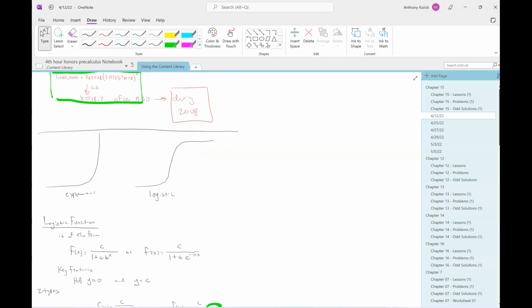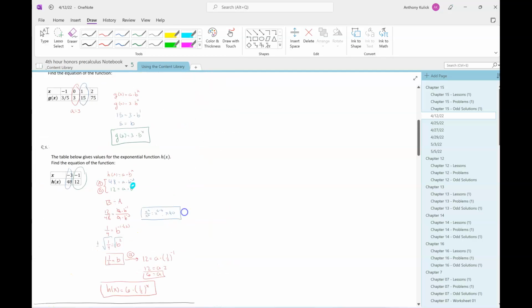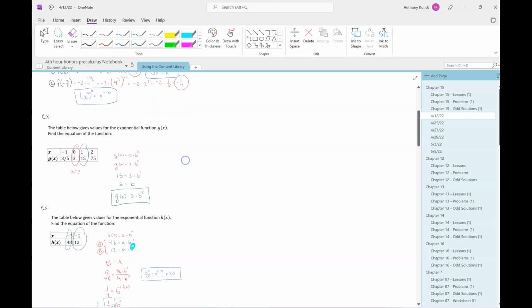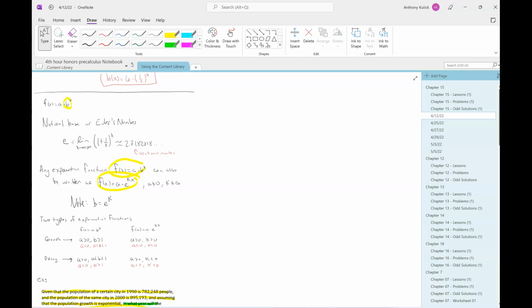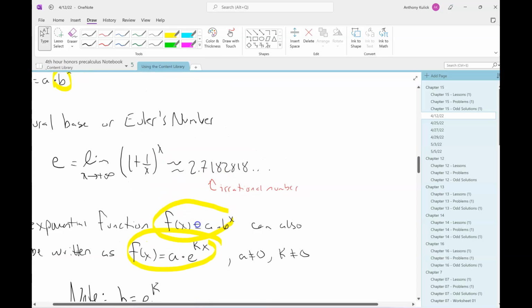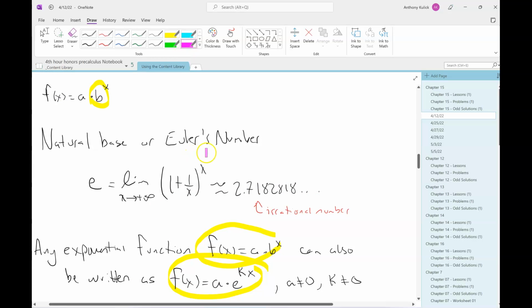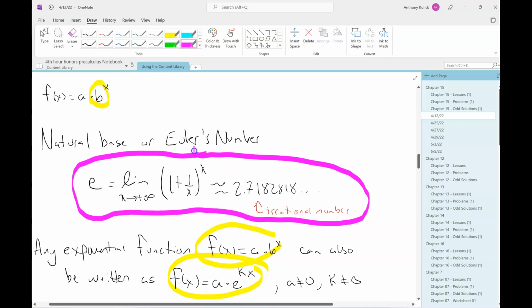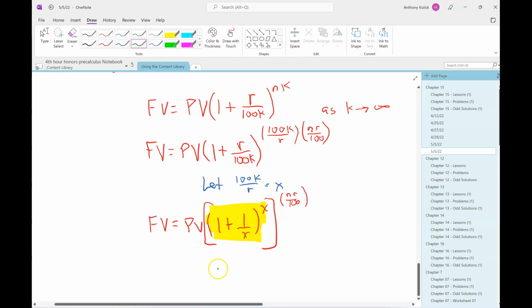Let's go back to the very first lesson here. Oh, maybe it was going to be the second lesson. Let me double check here. Nope. There it is. Look at that. The limit as x approaches infinity of 1 plus 1 over x is equal to e. Right? So if we go back here, I know that 1 plus 1 over x to the x is what I have here.